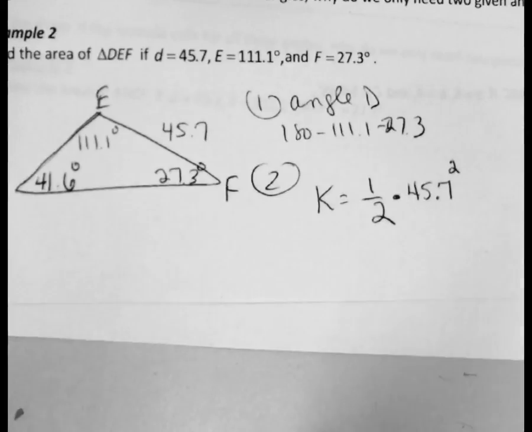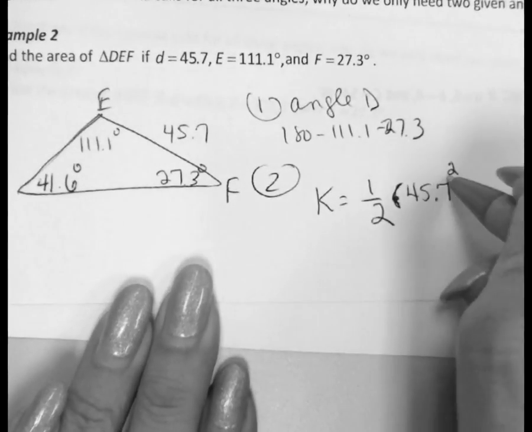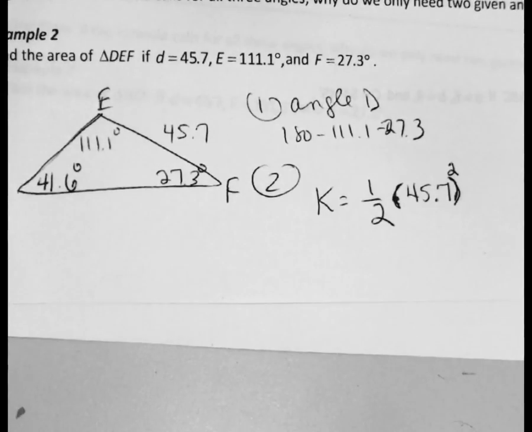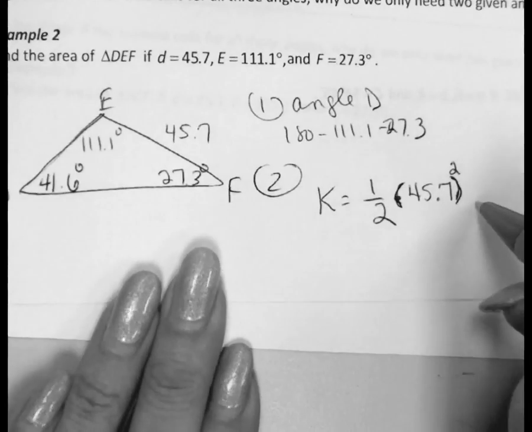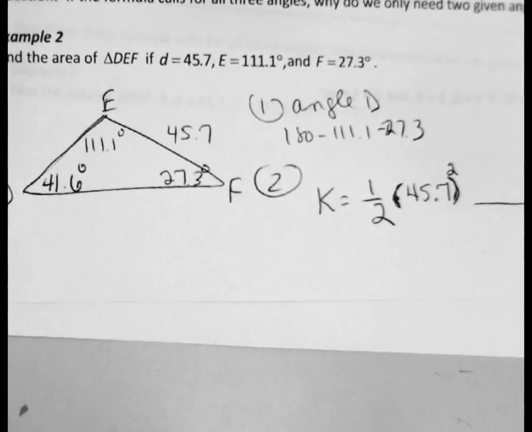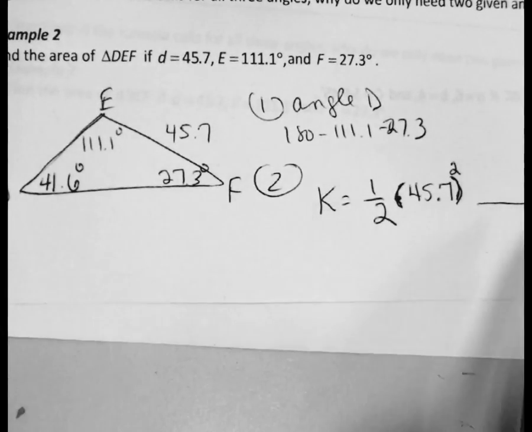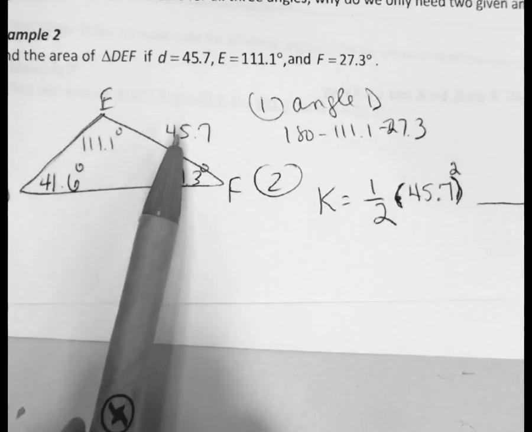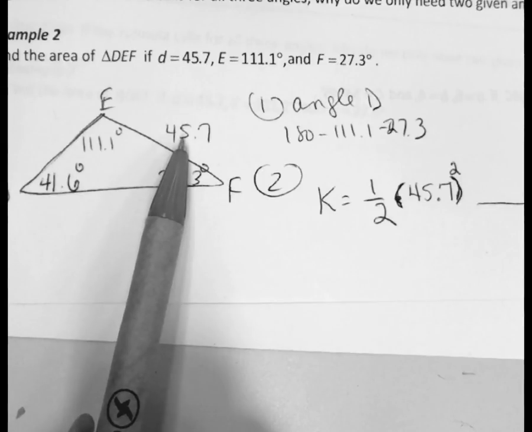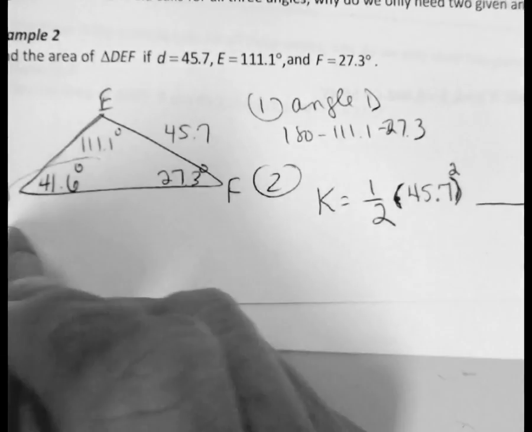If you want me to write parentheses, I will. Now, the rest of it's all about the angles. You use the side that you know and square it. The side that you divide by, there's only one angle you divide by. It's the angle across from 45.7. So what angle is across from 45.7?